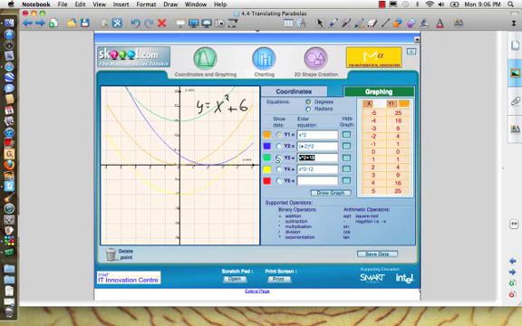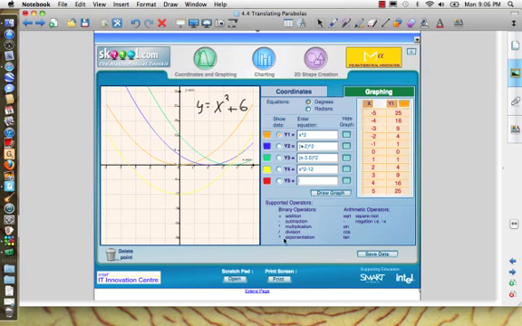Let's try x minus 3.5 to the power of 2. Let's see where that moves the green one. Okay, so when we subtracted 3.5, the graph moved to the right 3.5 units.